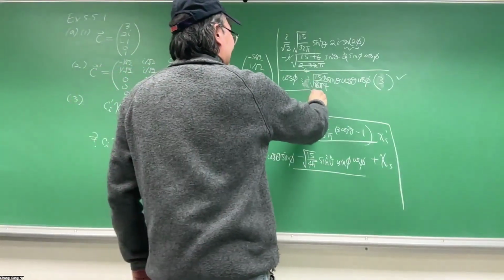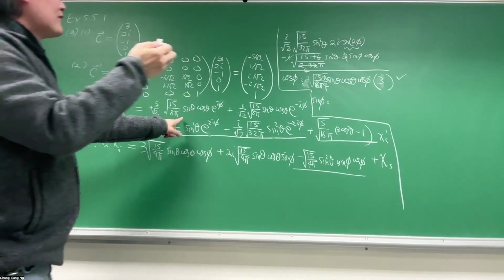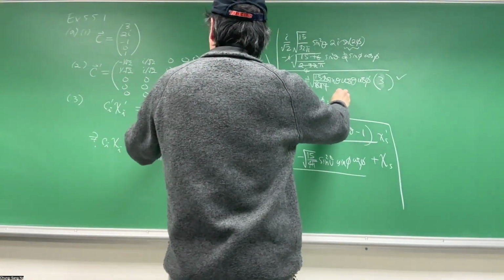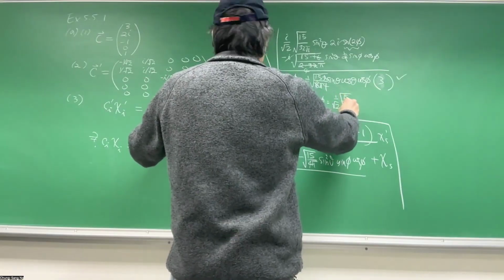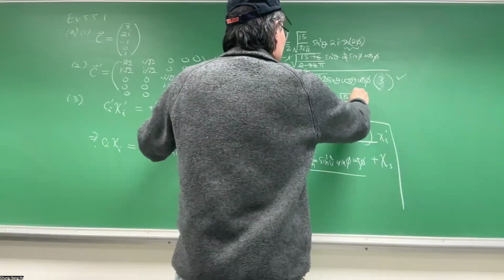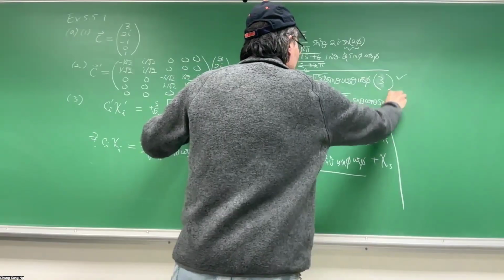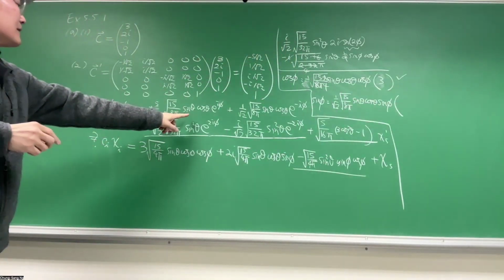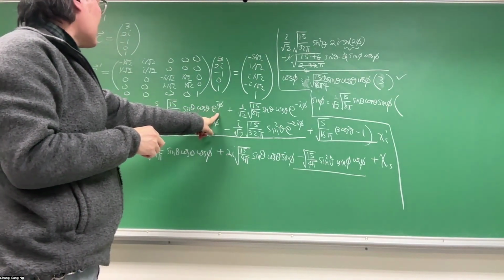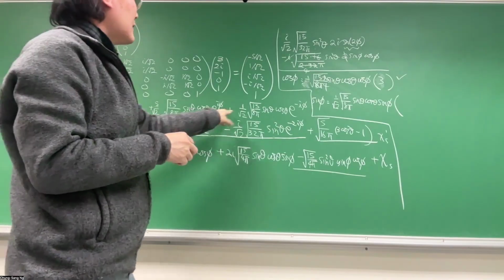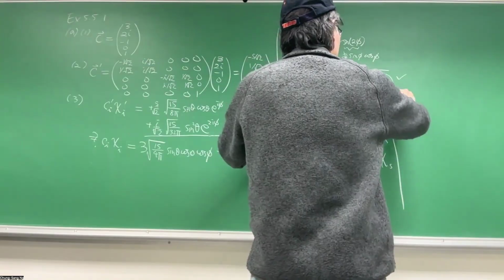Okay, let's see, you get the same problem with sine phi. Now do the same thing, take the common factor out: square root of 2, 15, 8 pi, sine theta cosine theta sine phi now. And now there's an i here, 5i, and this is minus 1. 5i minus i is 4i.